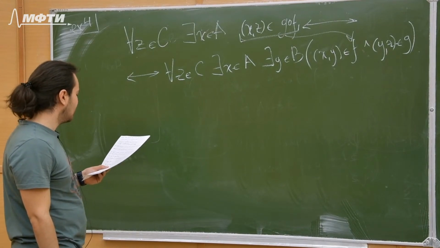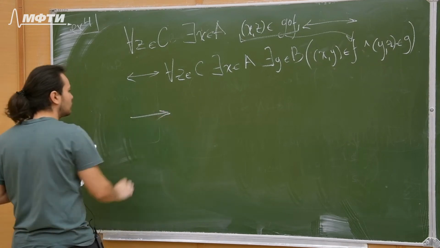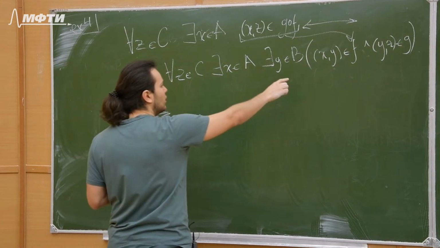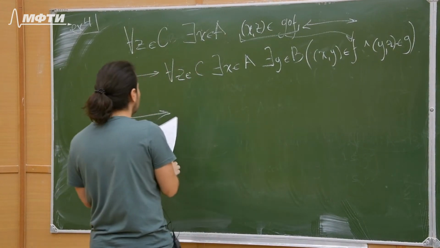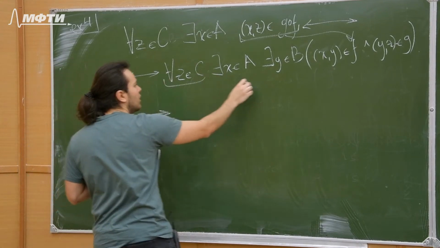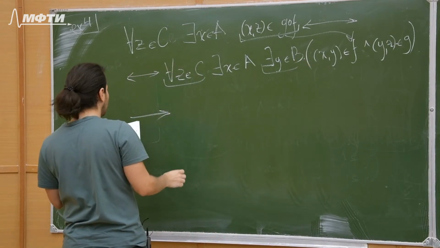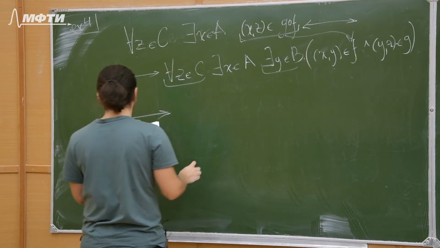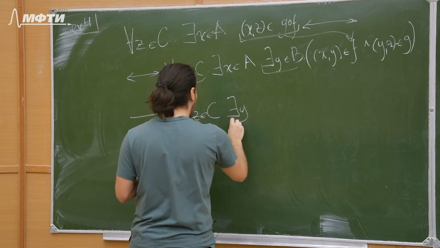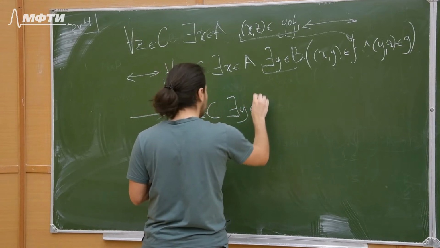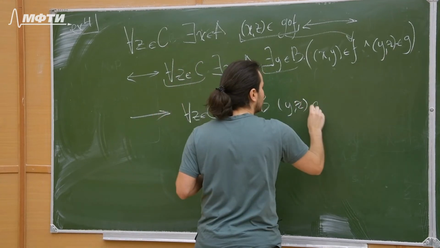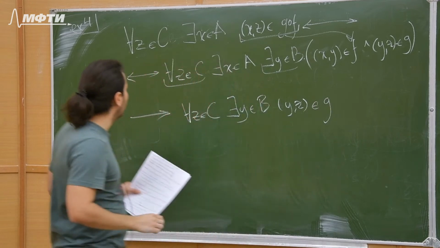And this means we can just take into account, let's forget about x, and let's take only the elements from C and from B. So this implies that for all the elements in C, there exists some y in B such that yz is an element of the function G, right?